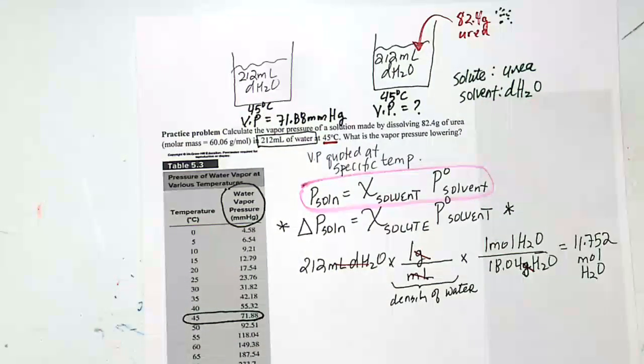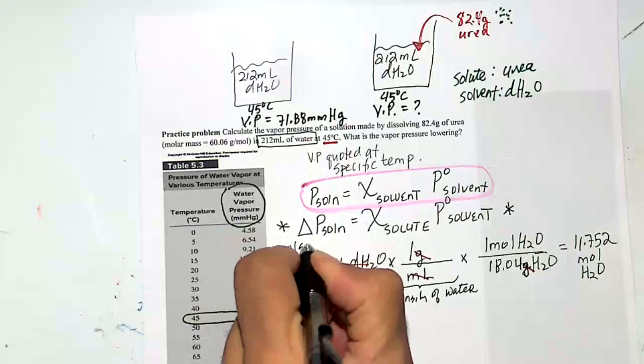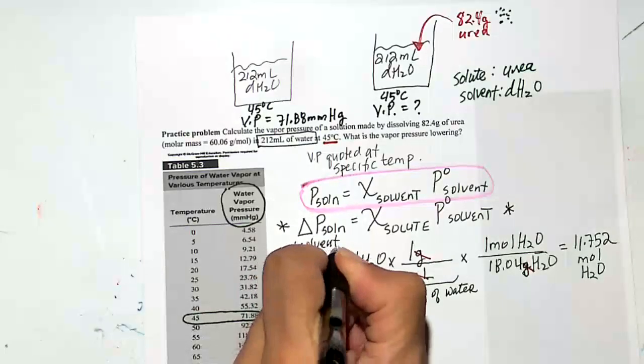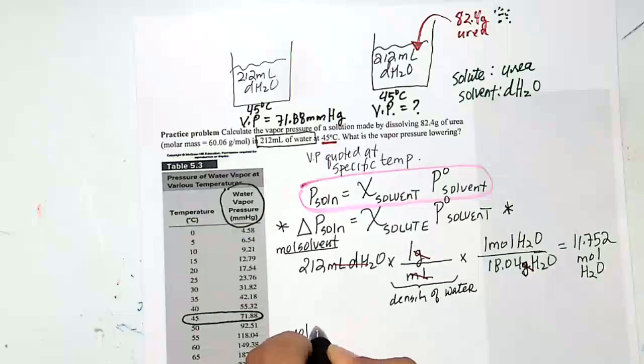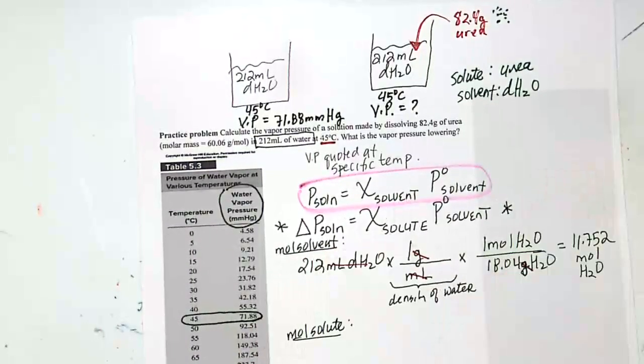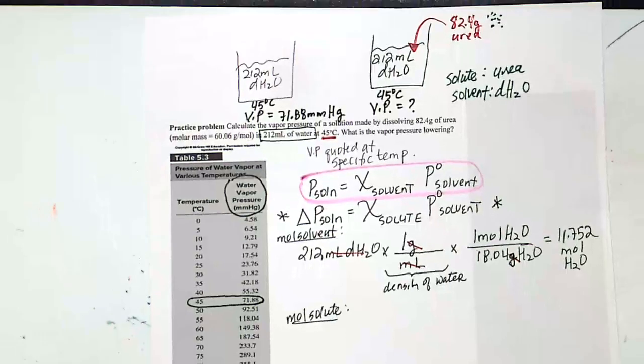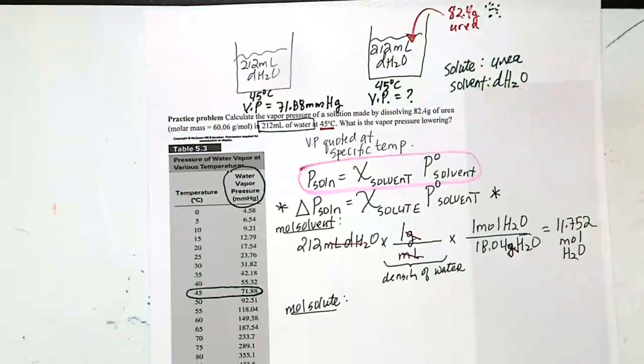And what is our moles of solute? So this will be moles of solvent. Okay, moles of solute, let's go ahead and calculate that. It's urea, and let's do it in green.